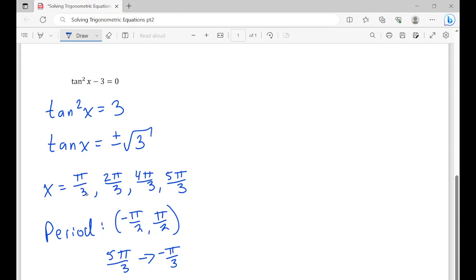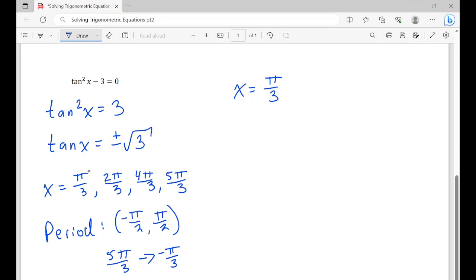So start off with the first one, the nice one, pi over 3. I know that x equals pi over 3. Now if I added 2 pi to it, I would get back here, but as you can see, I have these 4 solutions. If I add a pi to this, I'm going to end up at 4 pi over 3, and if I add another pi to that, I'm going to end up back at the equivalent spot here.